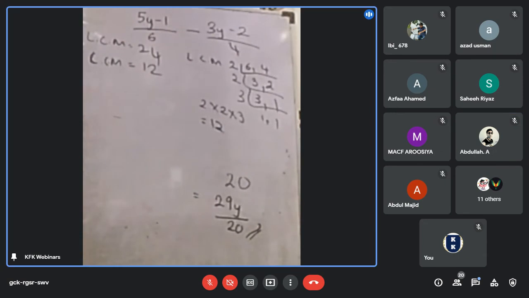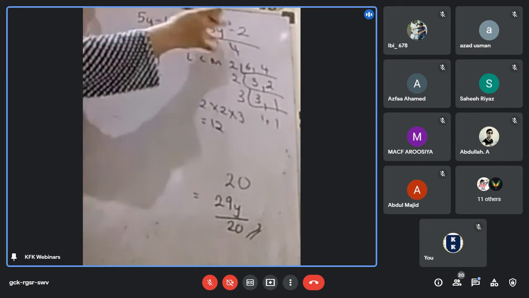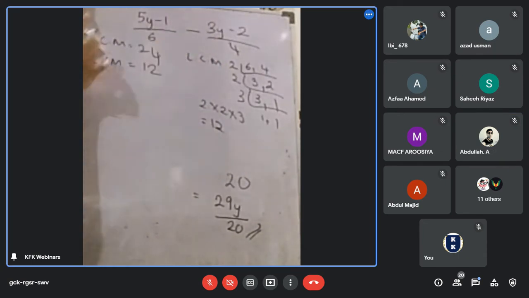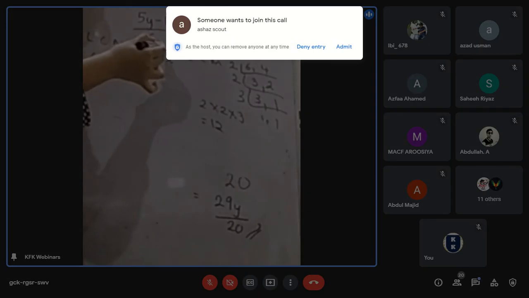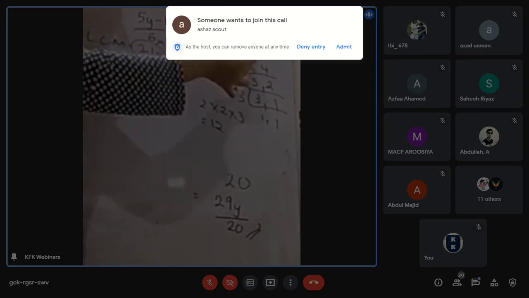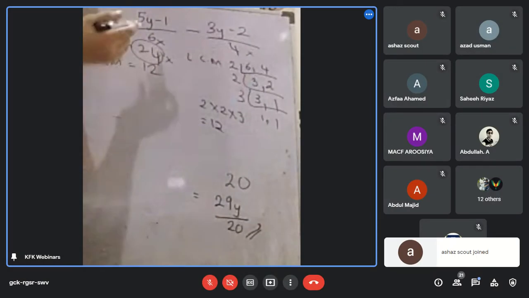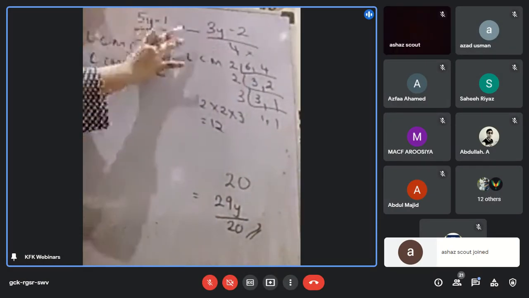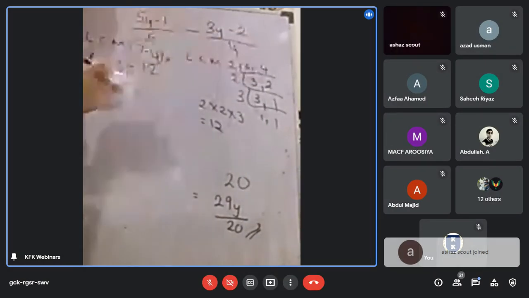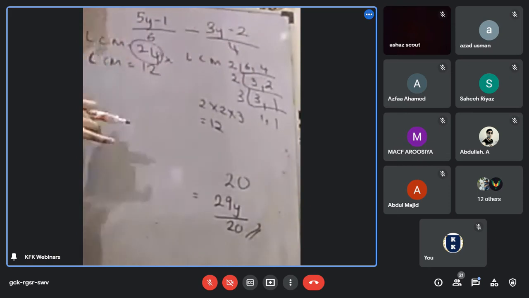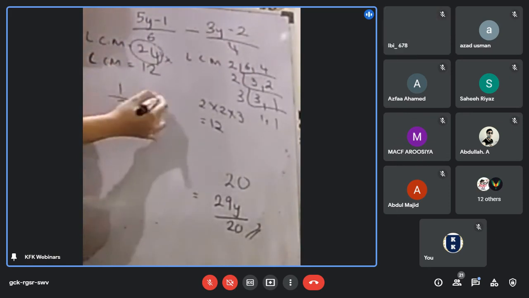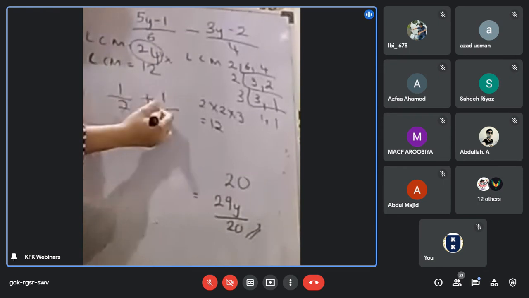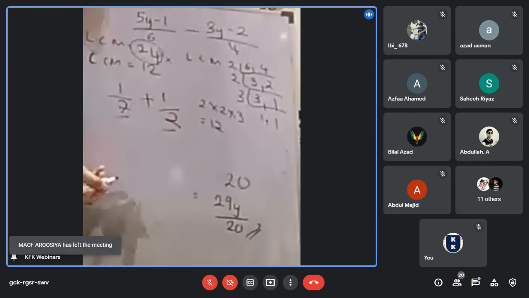Remember, LCM doesn't mean that you just multiply these two denominators. See why this is wrong: 6 is not a prime number and 4 is not a prime number. Only when the denominators are prime numbers can you multiply them together. For example, if I say 1 over 7 plus 1 over 2, 7 and 2 are prime numbers.